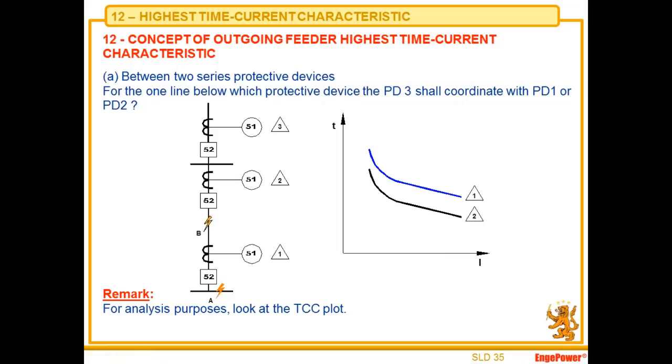The meaning of that is that for relay 1 here, it doesn't matter what the setting of relay 1 is. The important point is, when I have series elements, I have to coordinate with the immediately downstream device. That's what we have to hold onto, what we have to understand.